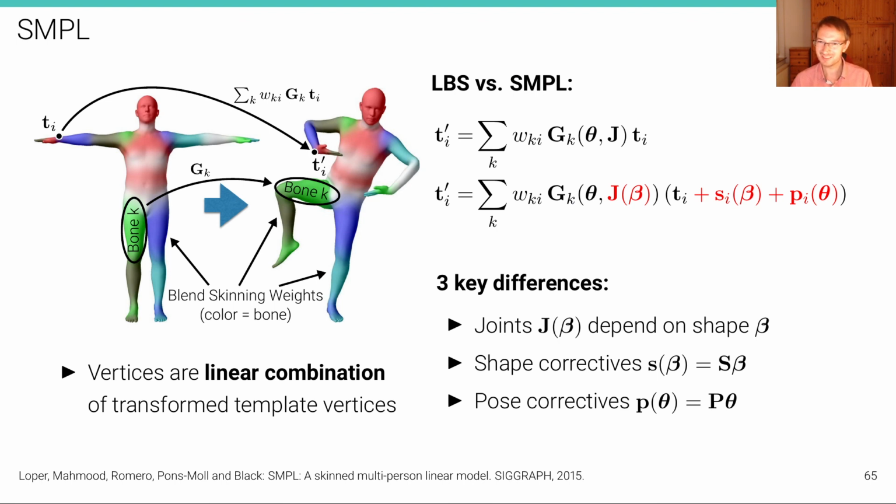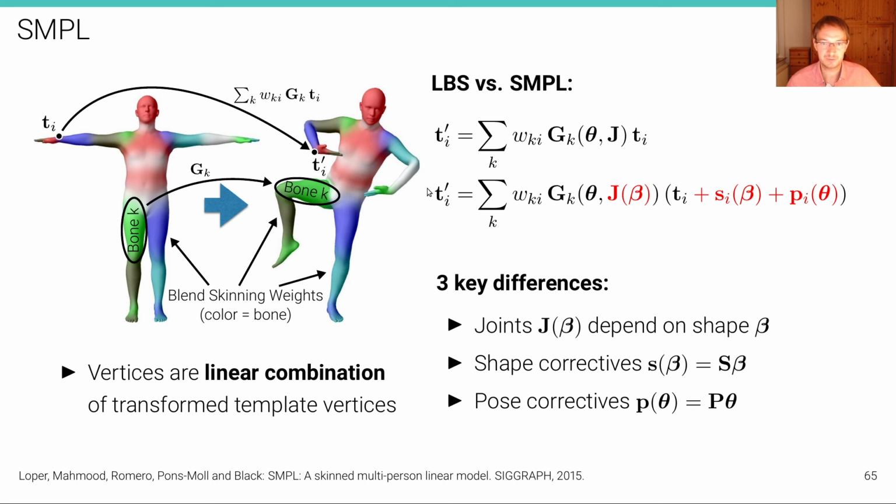So what does SMPL do differently from linear blend skinning? This is LBS, linear blend skinning, versus SMPL. On the left, we have the same illustration as before. And here, this is the formula from the previous slide, which is the formula for linear blend skinning.